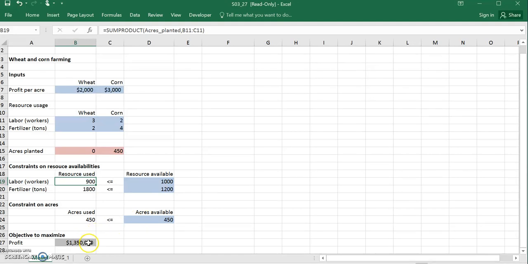Your profit looks even better than the last one, 1,350,000. The problem is that to enact that plan, you have used far more fertilizer than you actually have available over here. This plan uses 1,800 tons of fertilizer. You only have 1,200 tons of fertilizer. So if you try to plant corn, a bunch of them are going to die or not grow to maturity because you don't have enough fertilizer.